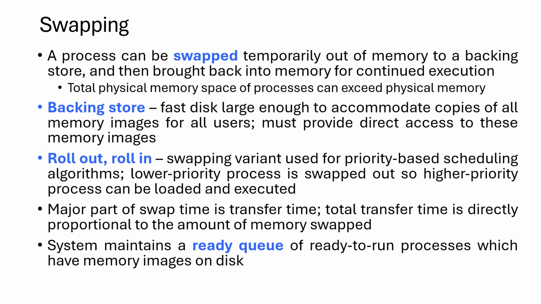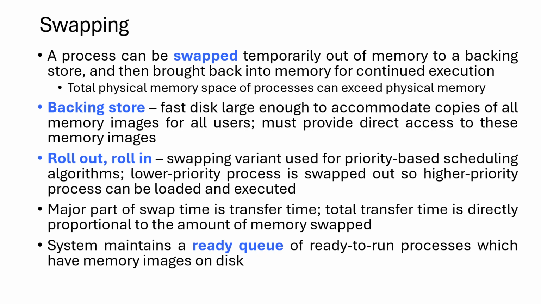Moving a program between main memory and secondary memory is called swapping. So the total physical memory space of processes can exceed physical memory. The backing store is a fast disk large enough to accommodate copies of all memory images for all users. It must provide direct access to these memory images.